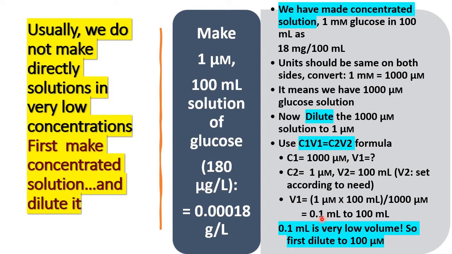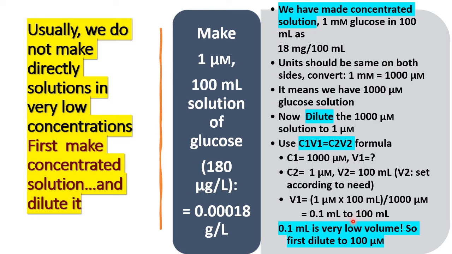It means you take 0.1 ml of this solution which we have made here, and you dilute it to 100 ml. It will give us 1 micromolar. However, this 0.1 ml is a very low volume compared to the solution we are going to make. So you may get certain errors by having this much difference.